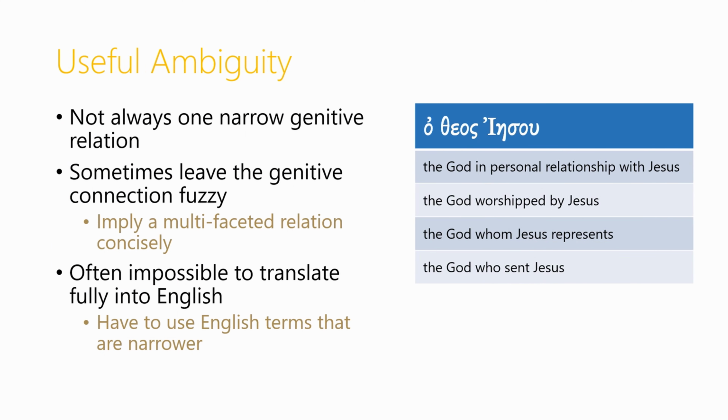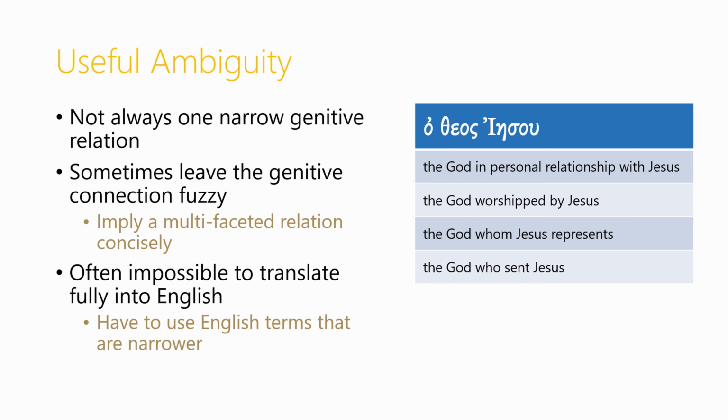Sometimes New Testament authors and other Greek authors deliberately make use of the ambiguity in the genitive case. And so if we have a phrase like ho theos Iesou, the God of Jesus, does that mean the God in personal relationship with Jesus? The God worshipped by Jesus?